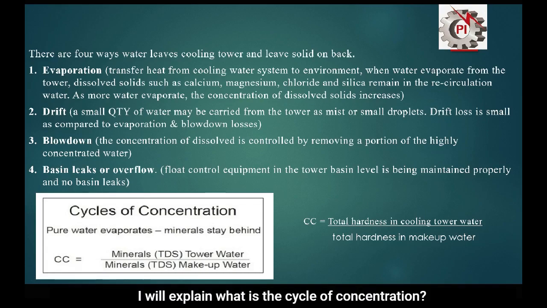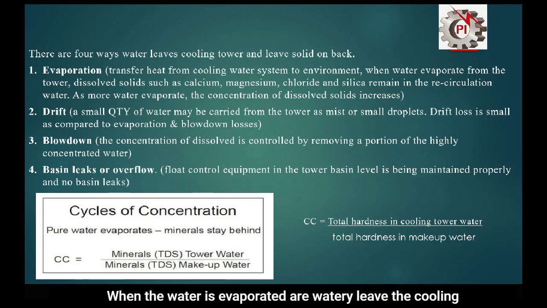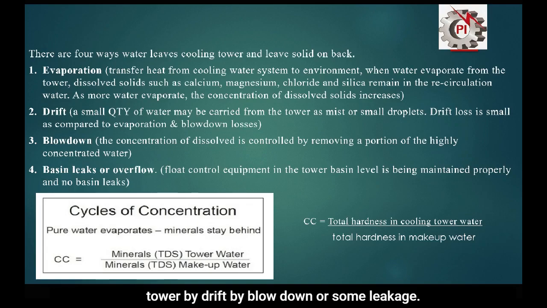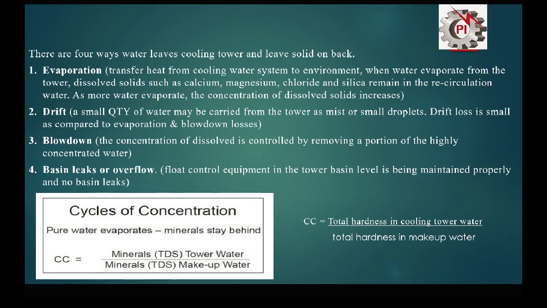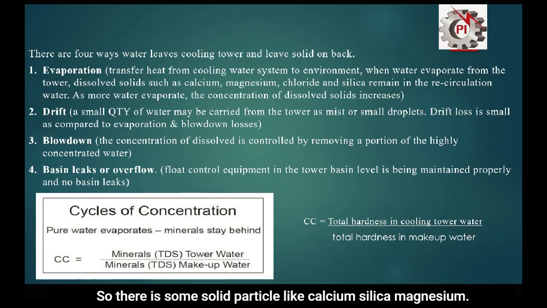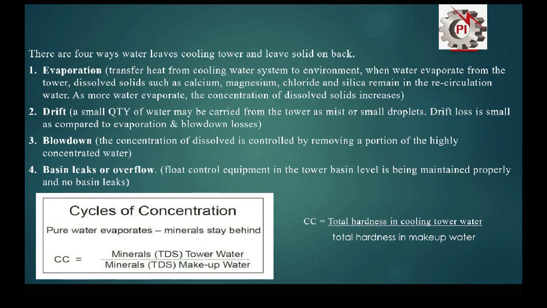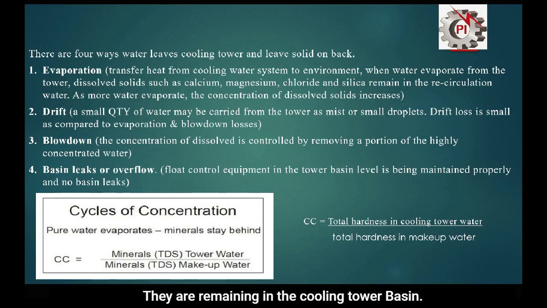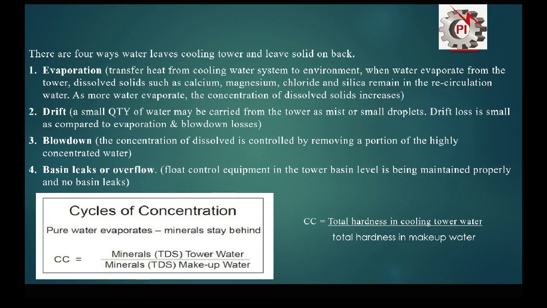First I will explain what the cycle of concentration is. When the water evaporates or leaves the cooling tower by drift, by blow down or some leakage, there are some solid particles like calcium, silica, magnesium that are not evaporating, they remain in the cooling tower basin.